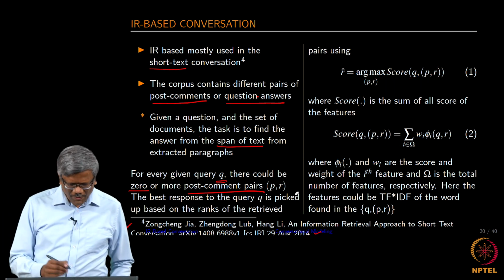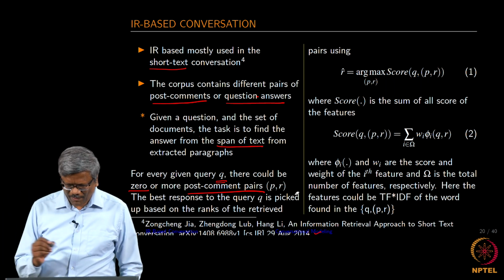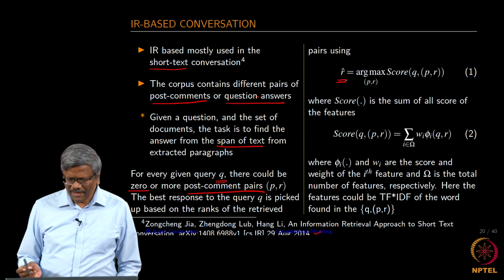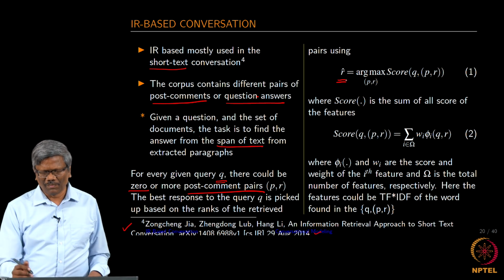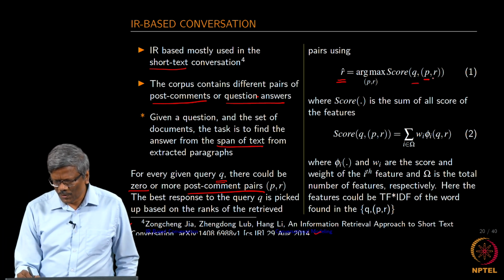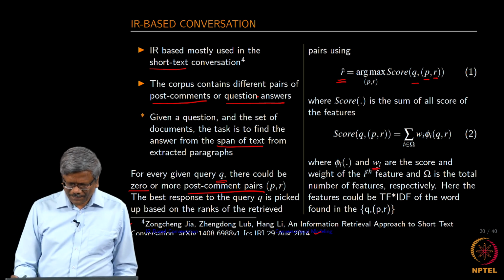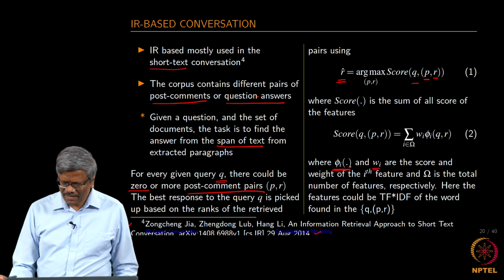So, what we are going to be doing is finding the score based on the features that we have extracted from the query, post and the responses. Let us assume that Wi is the weight and phi i is the score. And what kind of features would we use?